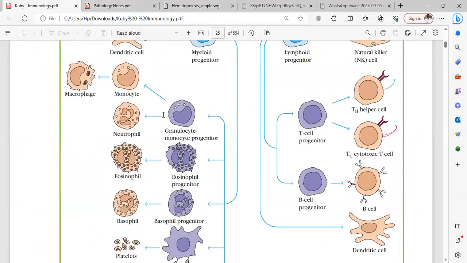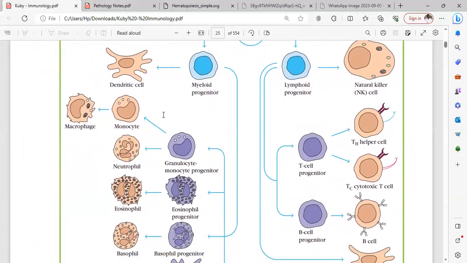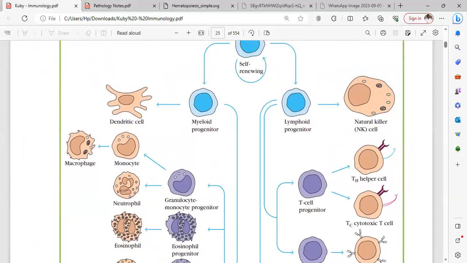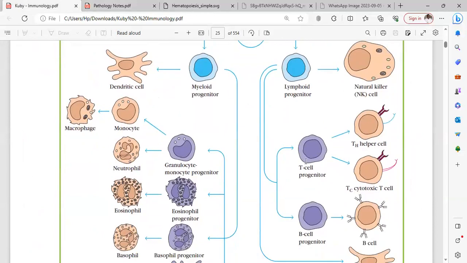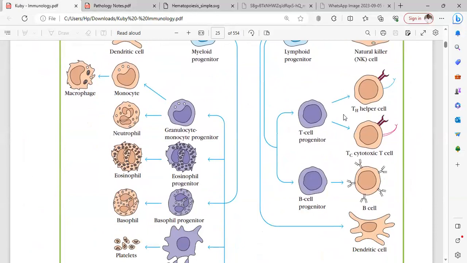So this is just the diagram. As you have seen, from the lymphoid we have the natural killer cells, the T and the B, but for the T they have two different ones.